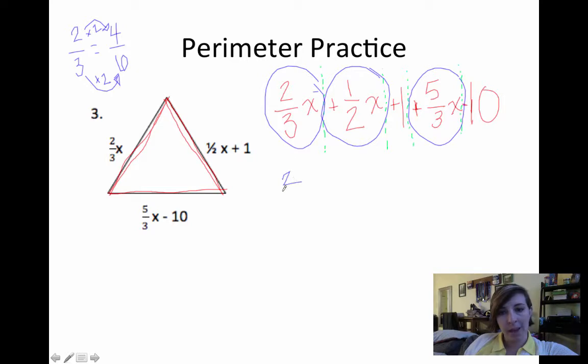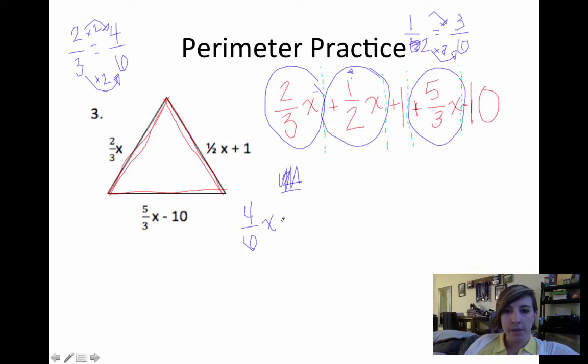So actually, this is going to be 4/6 x. And then let's go ahead and change this one here, 1/2 x, into 6. 1/2 is equal to 2 times 3 is 6, 1 times 3 is 3.